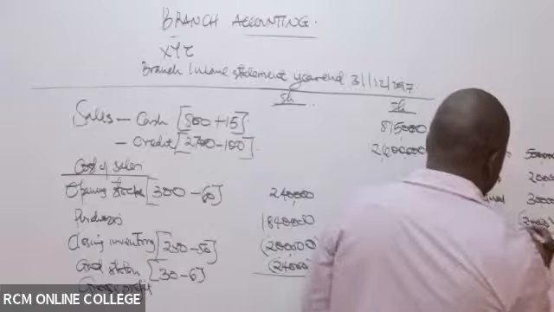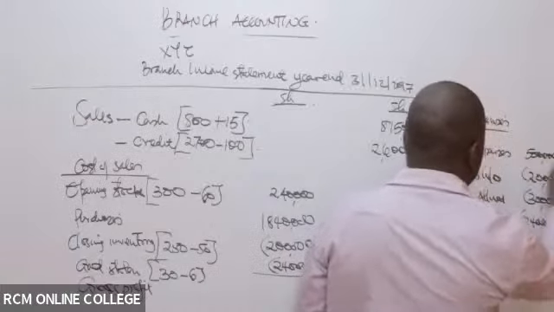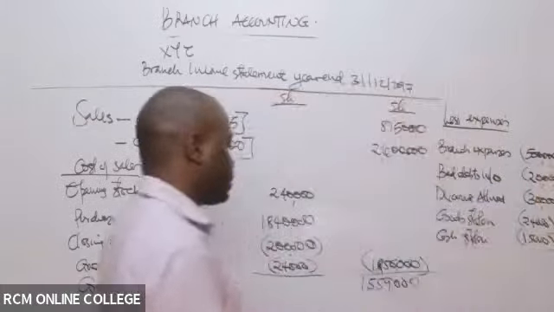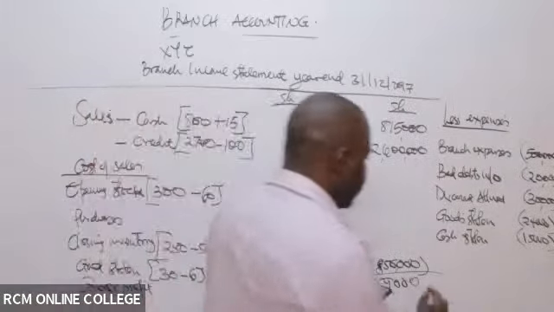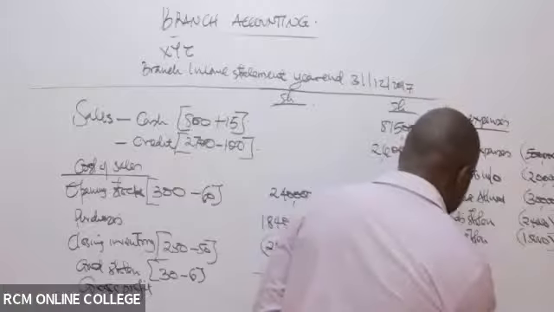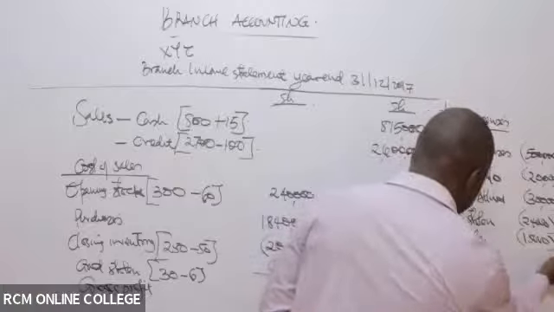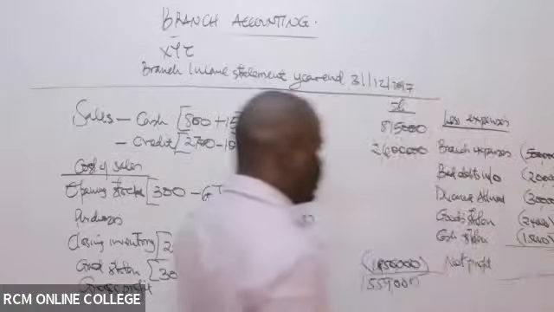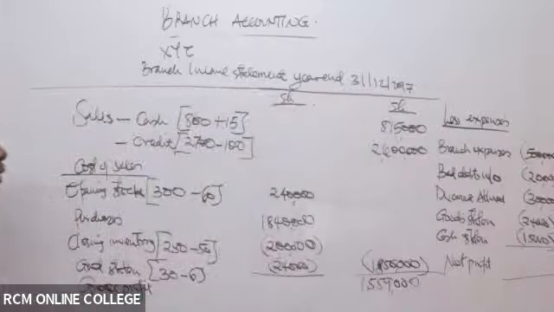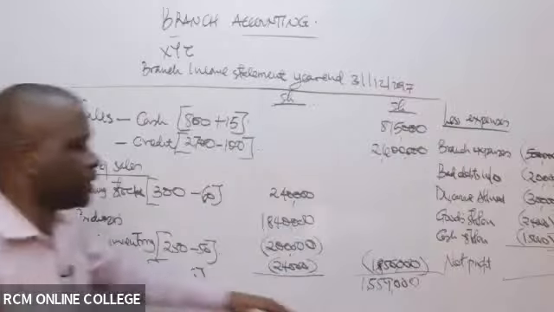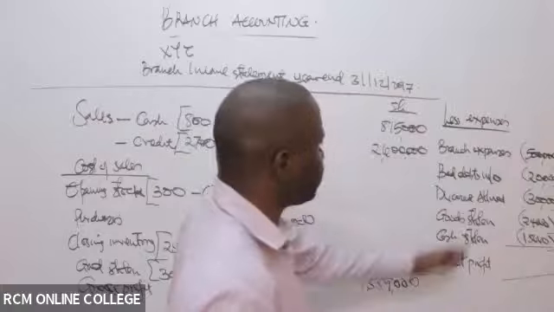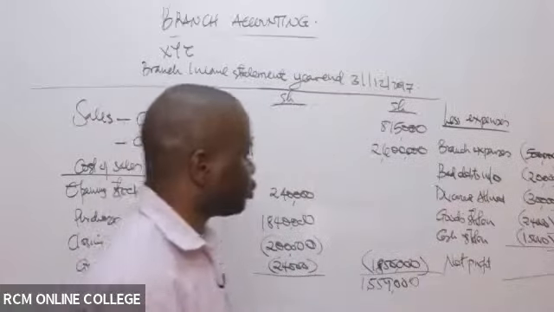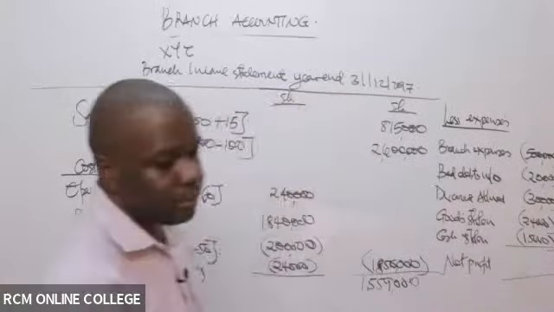So you less all these ones from this one, and you should be able to get the net profit for the branch. How much are you having to get as the net profit? When you minus from 1559, you less the expenses. Alternatively, you can put them in this column, total them, then less them finally from this 1559.